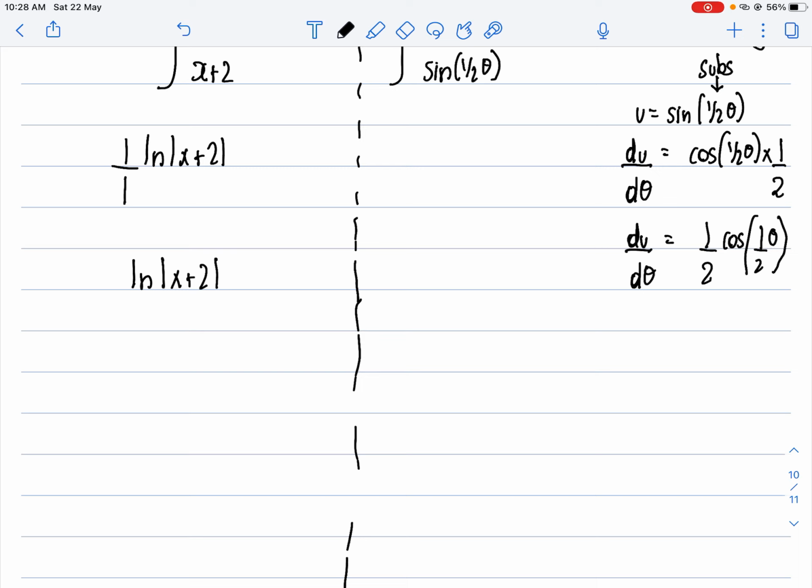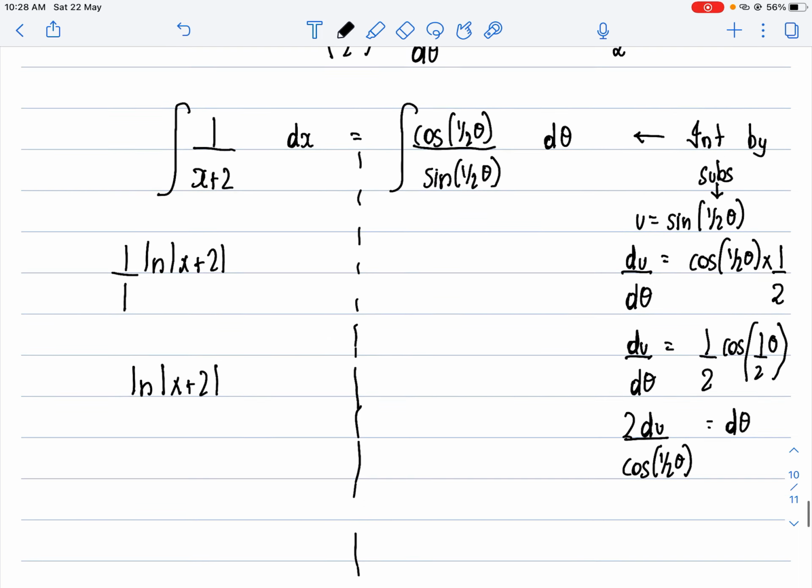Okay, so now I can write this as 2 du by cos half theta equals d theta. Now in the place of d theta, I can simply substitute.